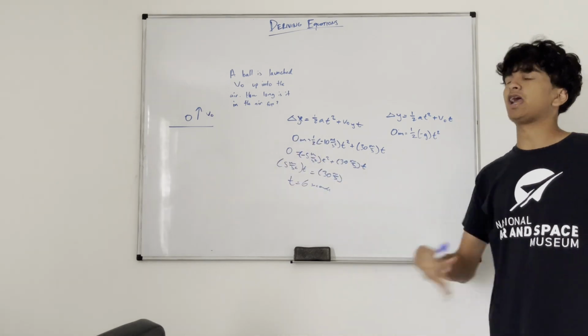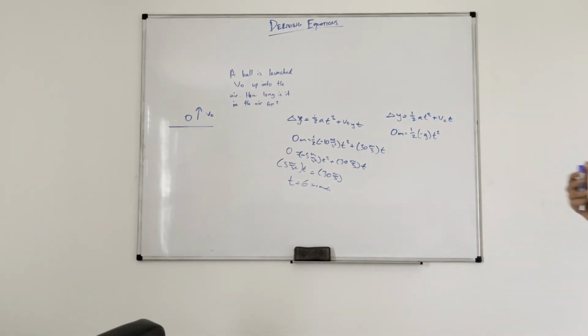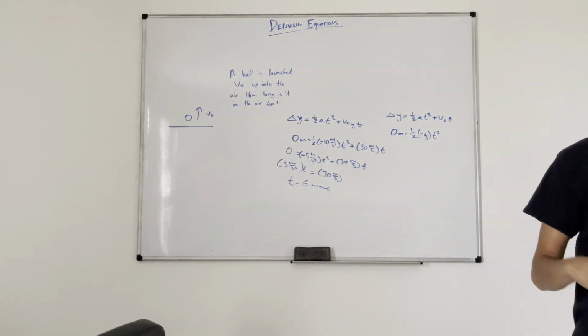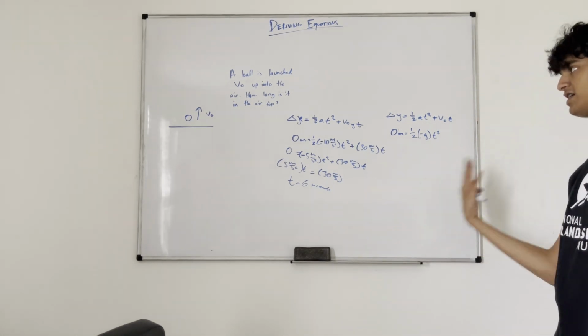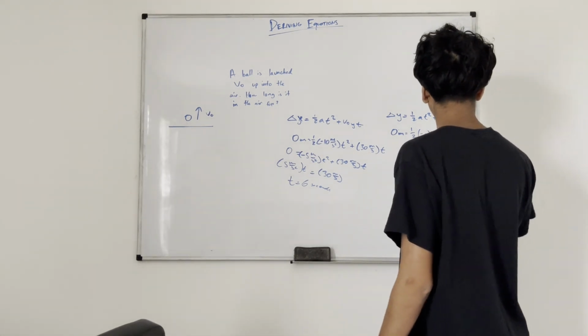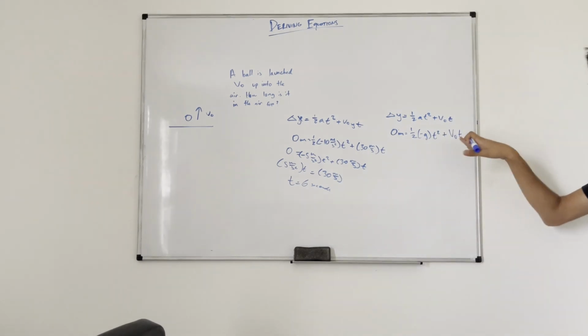You could probably put 9.8 if you want, but g is just the variable form of the gravitational acceleration, 9.8 meters per second squared. Plus v naught times time. I don't know what v naught is, but I'm just going to leave it there.